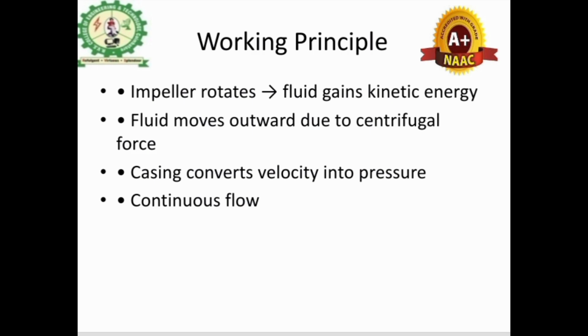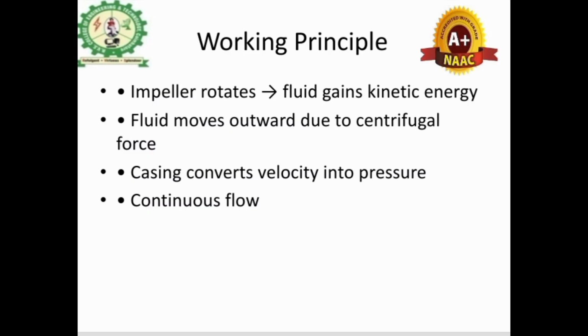And there are three kinds of casings for centrifugal pumps. One is the volute casing, the other one is the vortex casing, and the third one is the diffuser casing. The main purpose of the casing is to convert the velocity into pressure.